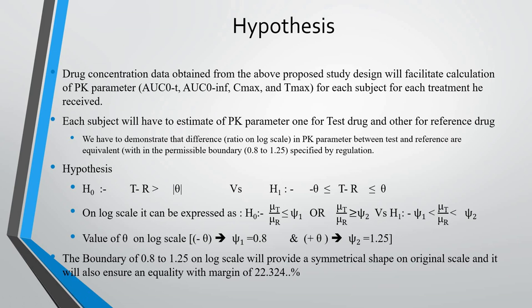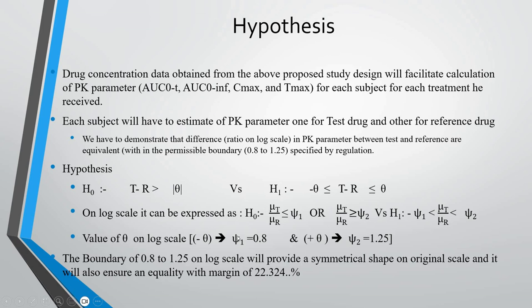And that's what we are going to test: whether these two sets of data are similar or not in terms of the bioequivalence interval. On a log scale, we have fixed the boundary 0.8 to 1.25. So my null hypothesis here is that T minus R is greater than my boundary, either in plus or minus, versus the alternate that it is between minus theta and plus theta.